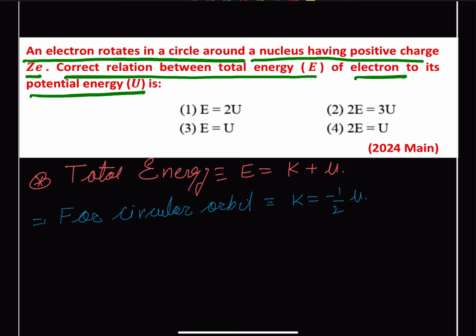So we simply substitute it. We get our energy E is equal to -1/2 U plus U, which gives us U upon 2.